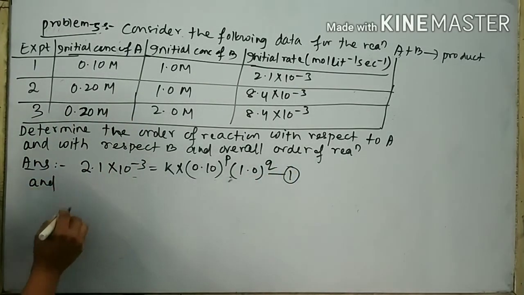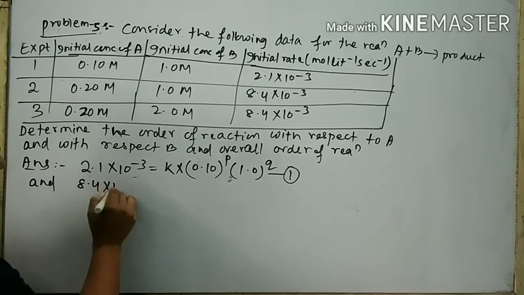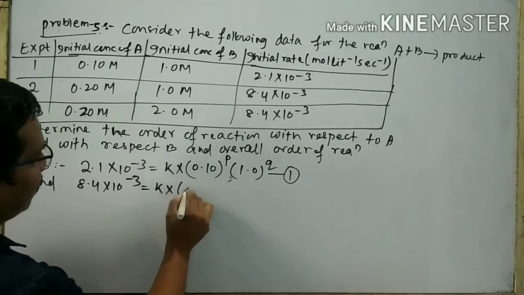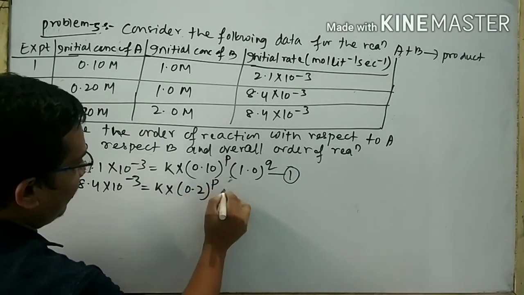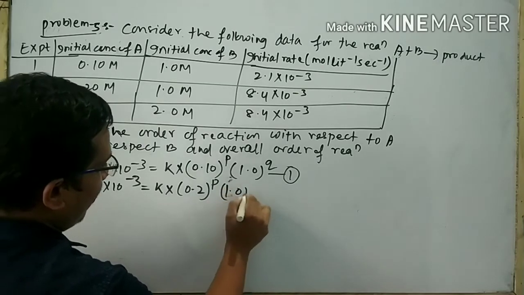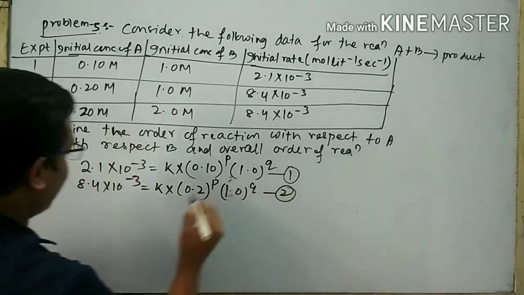Similarly, I can write 8.4 into 10 to the minus 3 equal to K into 0.2 to the power P into 1.0 to the power Q. This is your equation 2.